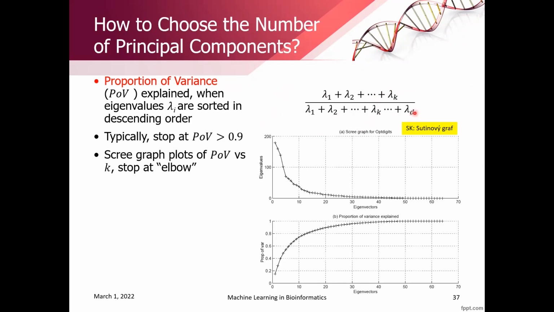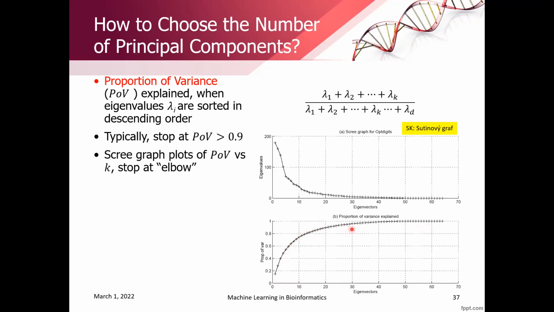And this is usually used as the measure of information preserving, how much information is preserved after using just first k principal components. And here you can see the eigenvalues. So this is the largest, and then step by step they are decreasing. And this is the proportion of variance.